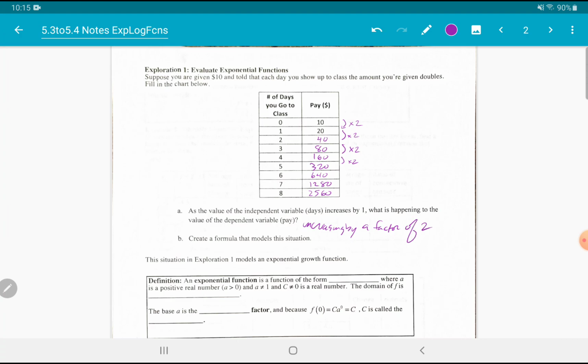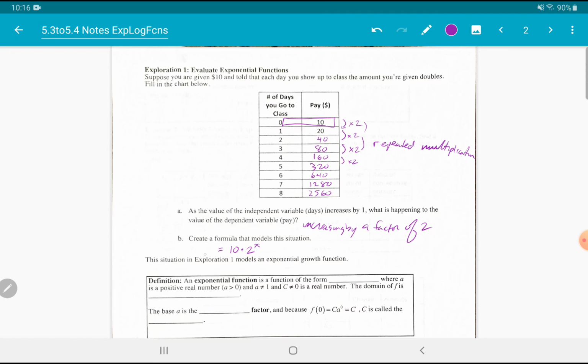Create a formula that models this situation. Well, we always have to start off with that 10. That's our base number, right? So 10. And then what we do from there is you multiply by 2, multiply by 2, multiply by 2. How do you show repeated multiplication? Well, that's just with exponents. 2 to the power of something, let's call it x.